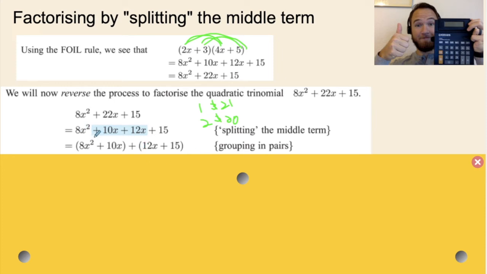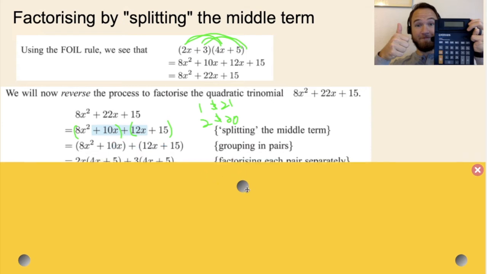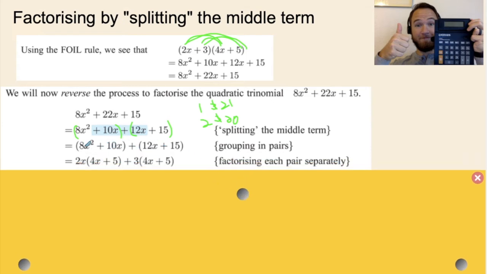Then we're going to group in pairs. So I'm just going to put a bracket around, just like that. And we're going to factor out a common term. So out of this, I can take a 2x, leaves me with 4x plus 5. Out of this, I can take a 3, leaves me with 4x plus 5.